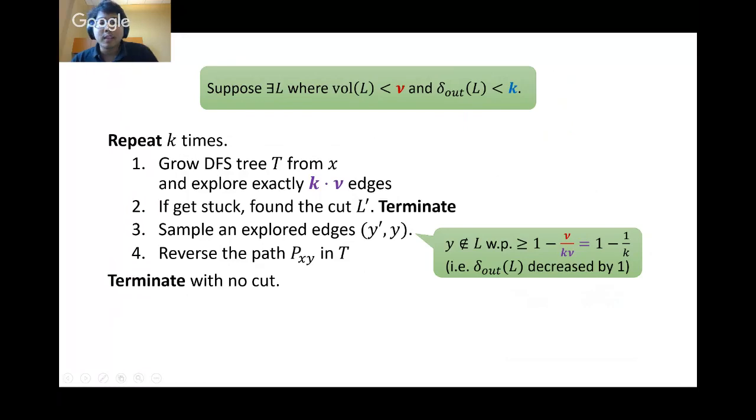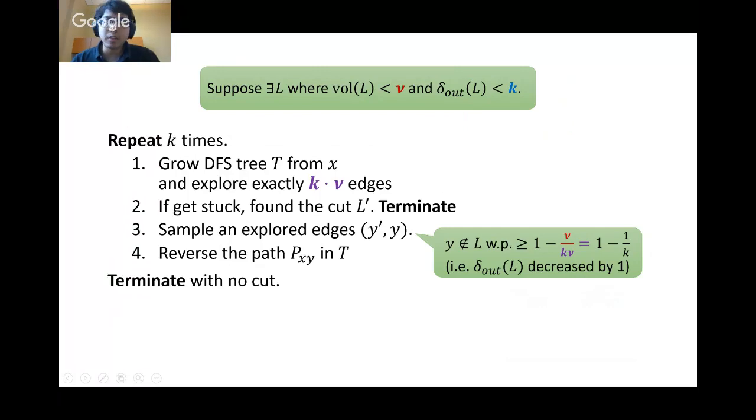Why? Because the volume of L is less than nu, but we have explored k new edges. So sampling one of these edges, it should be outside L with this probability, and this simplifies to 1 minus 1 over k.